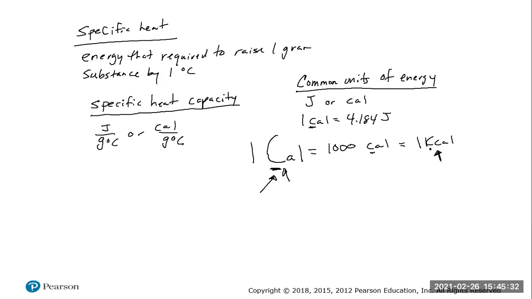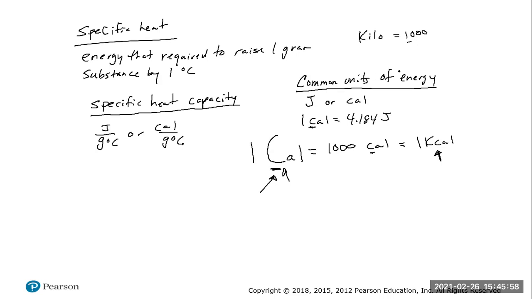So those are two very common units of energy, specifically the calories with the lowercase c, and joules, a very common way to express energy. Kilocalories are also very common, and kilojoules are also a very common unit of energy. Remember that kilo is basically 1,000.